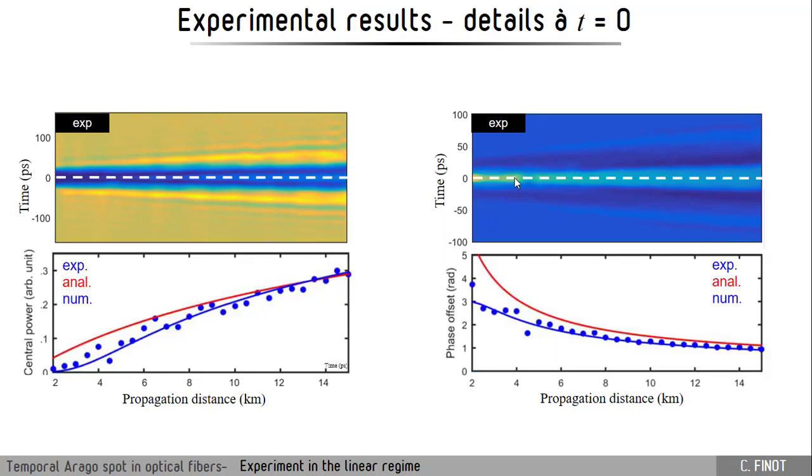And if we look more closely at what we have at the initial time, at t equals 0, we can see that the experimental result plotted here with blue circles is closely reproduced by the numerical simulations and qualitatively reproduced by the analytical trends that use a perfectly rectangular waveform. The analytical result is not perfect for short propagation distances.